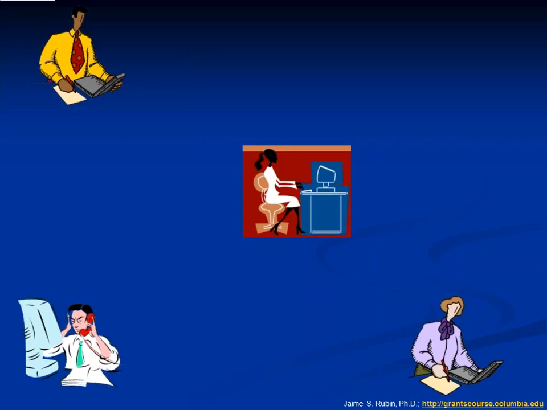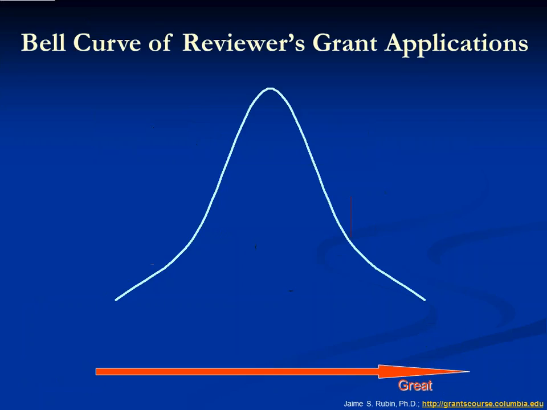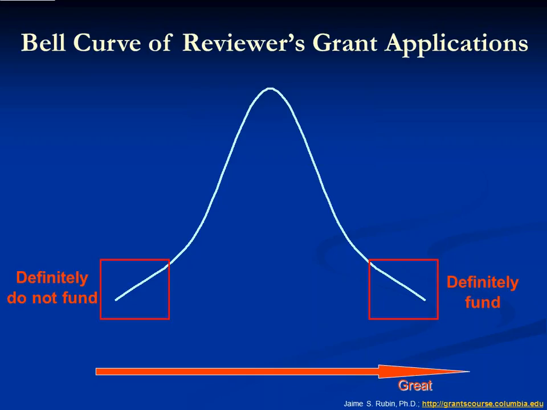In fact, it's a lot of work, and they have a lot of grants, and they have to somehow differentiate all of these grants. So this is my schematic representation of grants. There are some grants that are just absolutely great and will definitely get funded, and then some not so great, and they probably won't get funded.